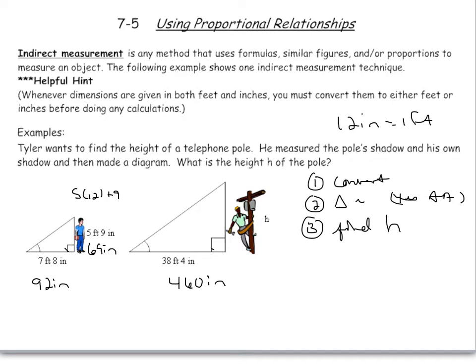So we have 69 is to h. Oh my gosh, that was way off. And then we have 92 to 460. And we can do our wonderful cross multiplication. So we have 92h is 69 times 460.